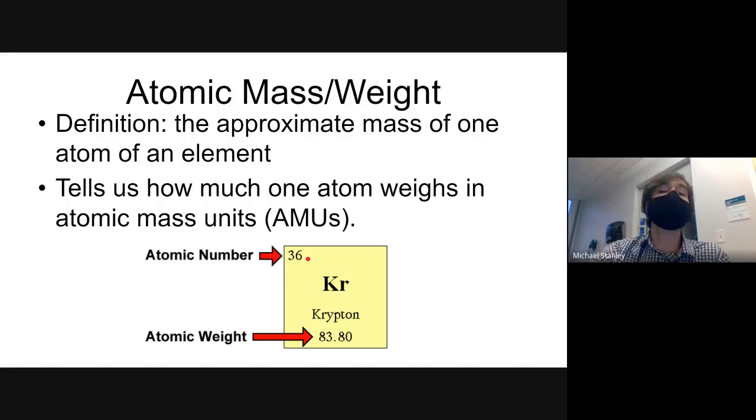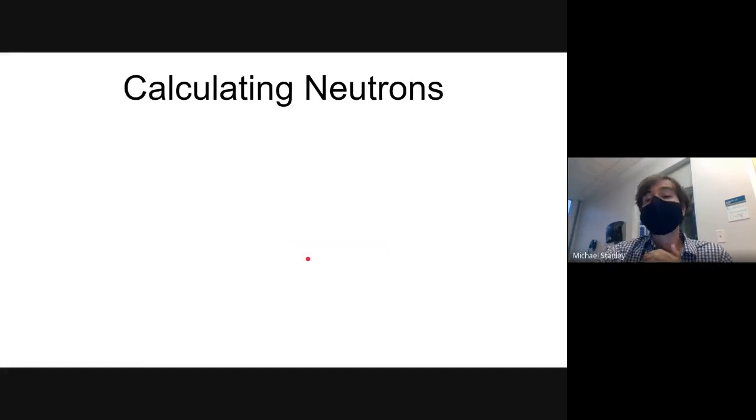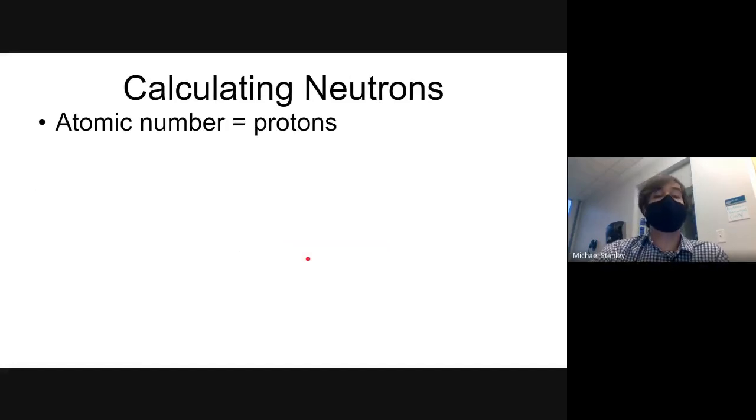And the way it works is something like this. We already said that the atomic number is the number of protons. And you may have heard me just mention that the atomic weight, the mass of an atom, is the protons and the neutrons together.